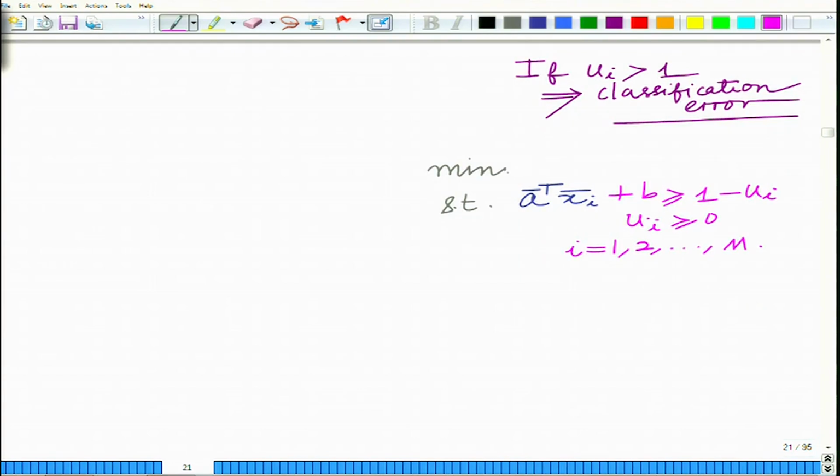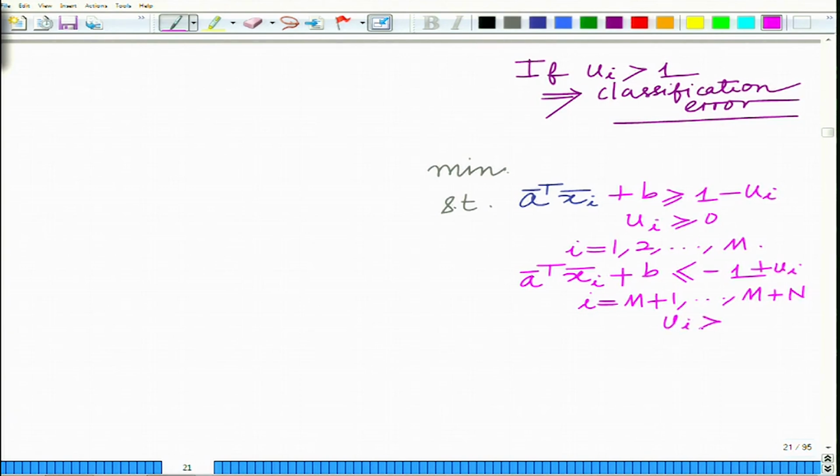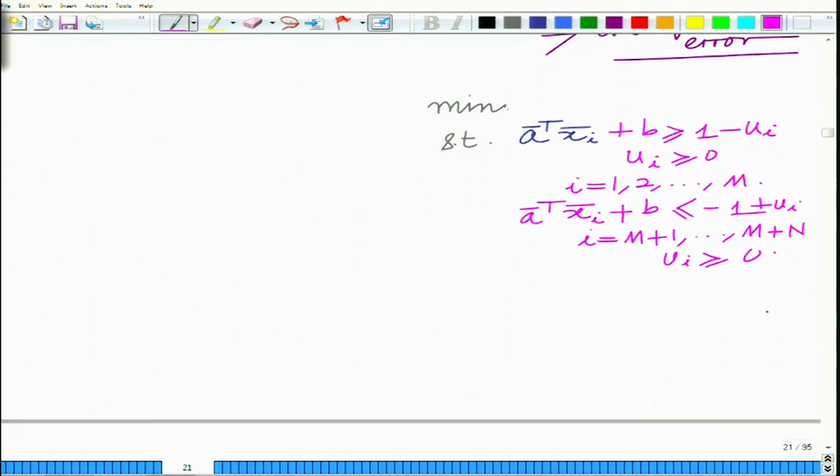Okay, so now you have these new constraints on ui, all the ui's are non-negative. Similarly, for the other set of x bar I, A bar transpose x bar I plus b less than or equal to minus 1, for I equals m plus 1 up to m plus n, previously less than or equal to minus 1, now less than or equal to minus 1 plus ui, again ui greater than or equal to 0.